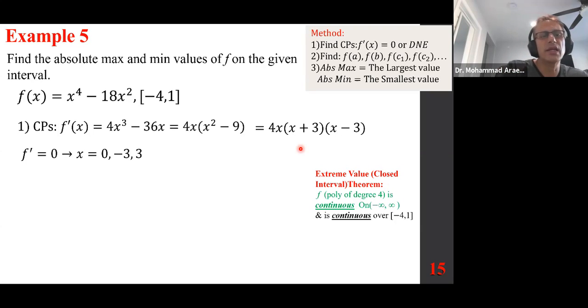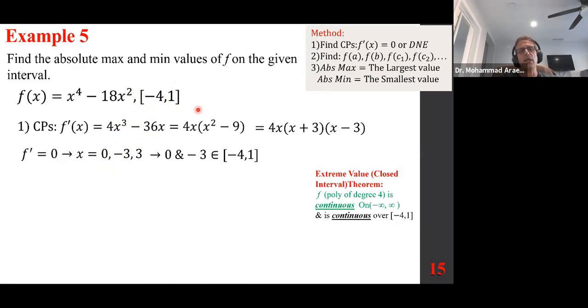And f prime doesn't exist doesn't give us any answer because it's a polynomial. And if you look at those 3 answers, you are going to compare them with the given domain from negative 4 to 1. And you notice that 0 is in between. Negative 3 is in between, but positive 3 is outside, so that we cannot use.